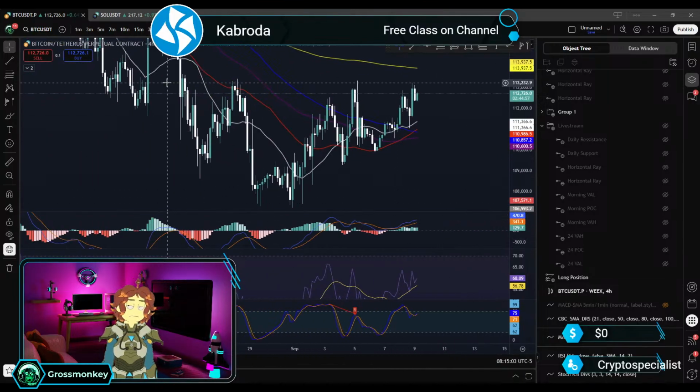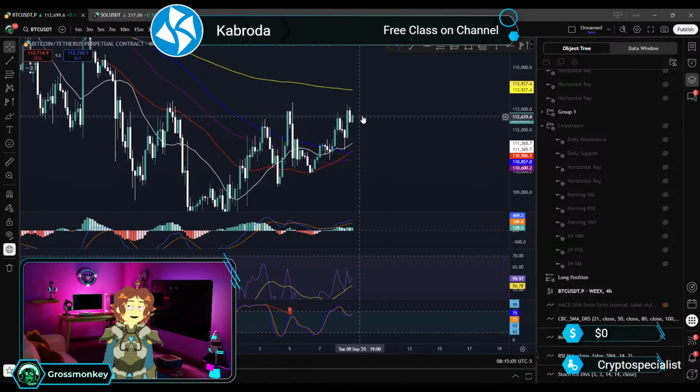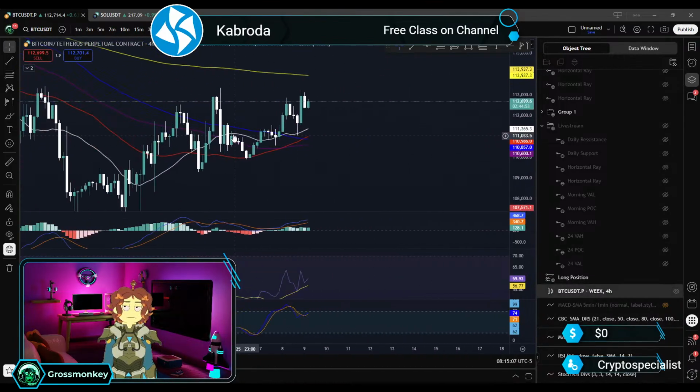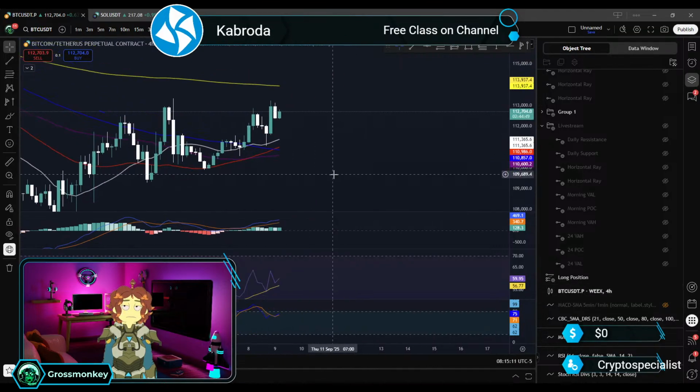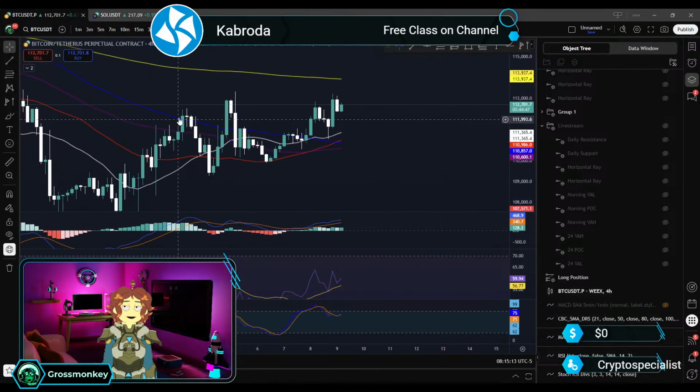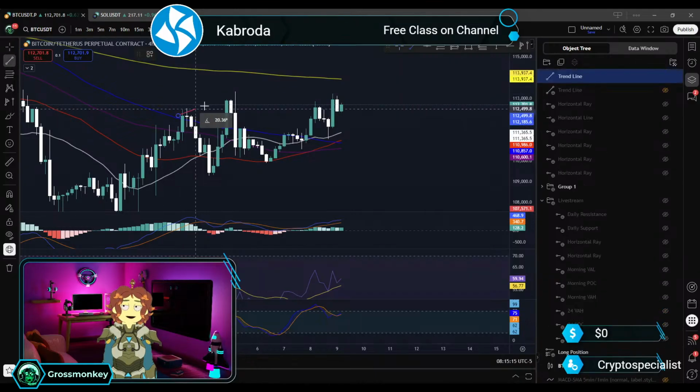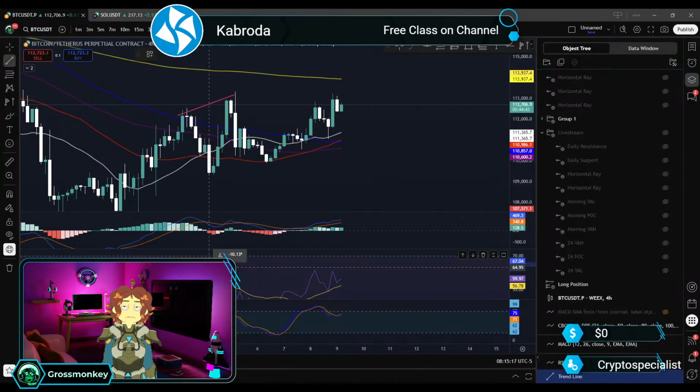And then we had that previous down run here, and we're getting a nice little bounce up. Or you could even say this little down run here, getting a nice bounce up. Possible recovery, because we did get that divergence last week. You can see this goes up and this goes down.